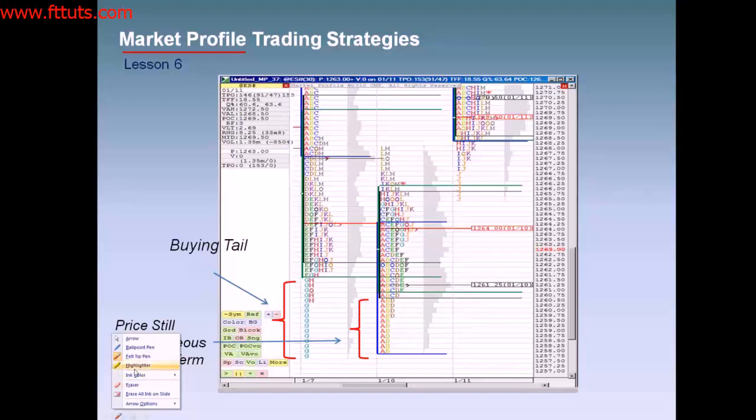All right, now let's take a look at this next day here. Once again, when do we begin to detect the activity of a longer term buyer or seller? When prices move out of the value area. And sure enough, prices again dropped below the low of the value for the day.